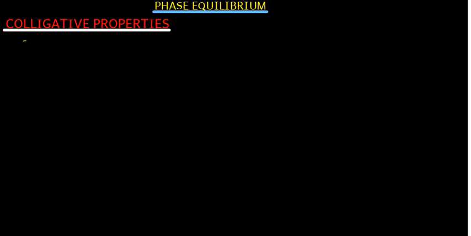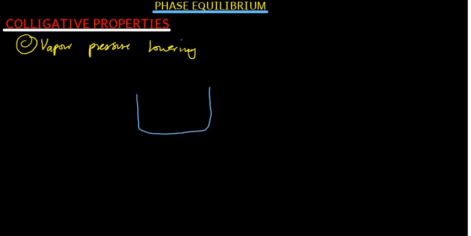And the third one we want to consider is vapor pressure lowering. Now, why is this called vapor pressure lowering? Well, let's say we have got liquid water in a vessel, like that, that is our water.